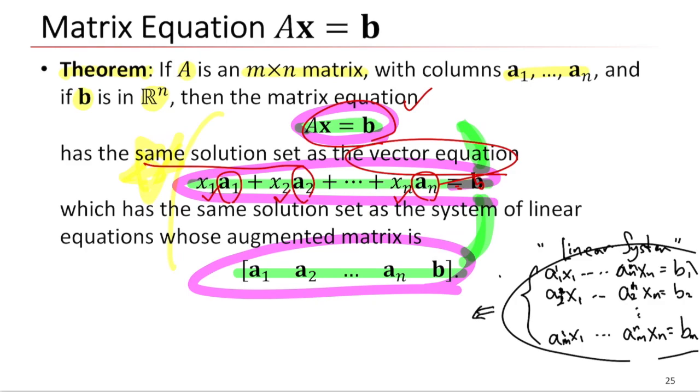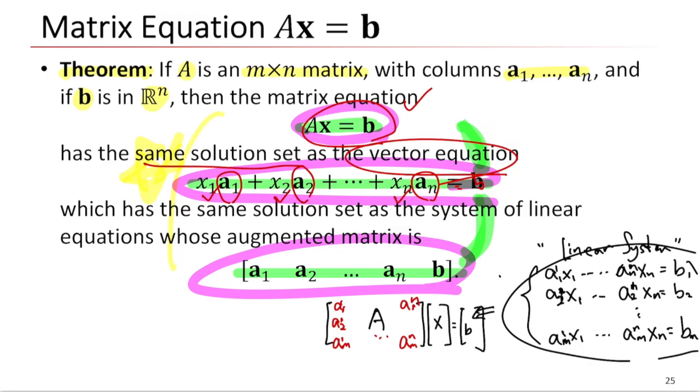So we were talking about that we can represent this linear system as Ax equals b, right? In this case, each element in the matrix A is a11 through amn.